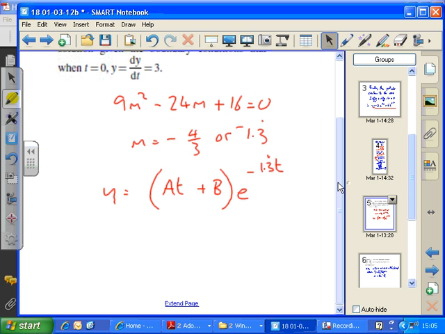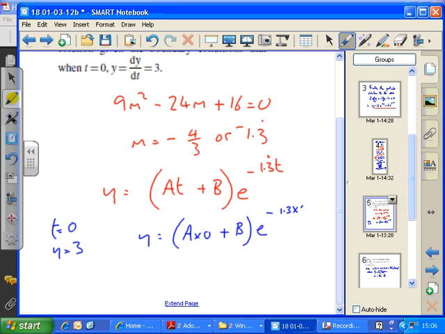So the first step: t equals 0, y equals 3, and the differential equals 3. So first of all, y equals 3 when t equals 0. Putting that into the original equation, we get y equals a times 0 plus b e to the minus 1.3 times 0.